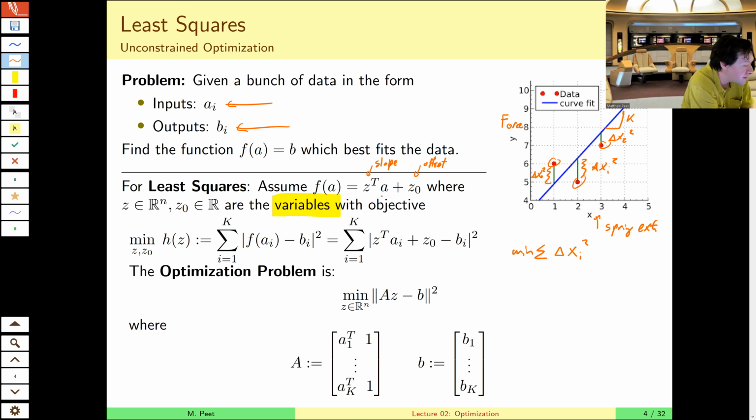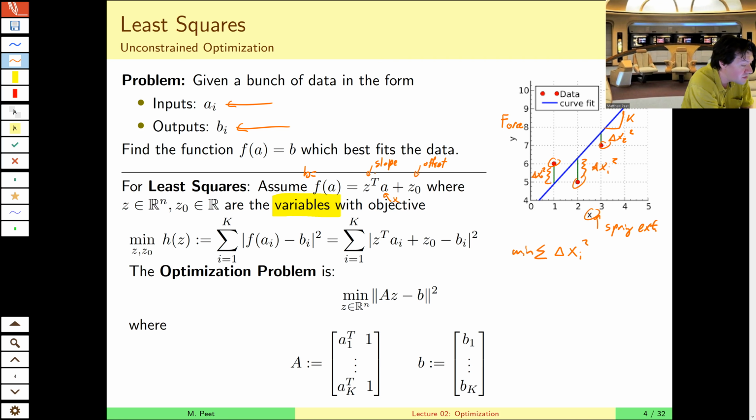Well, our inputs to this line, this curve, are the x-axis. So the slope multiplies the x variable, the independent variable. And so what are we choosing?